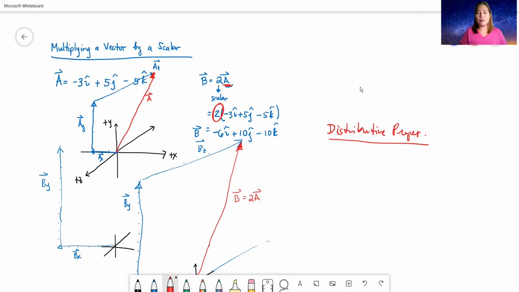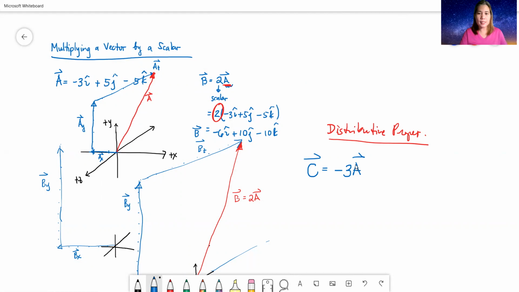However, let's have another vector, vector C. Let's say vector C this time is negative 3. That's your scalar. And then you have A here. Its magnitude changes 3 times. It's 3 times longer, but it will be in the opposite direction.